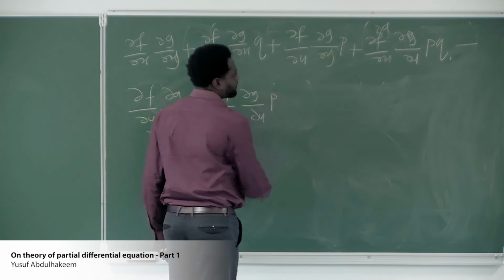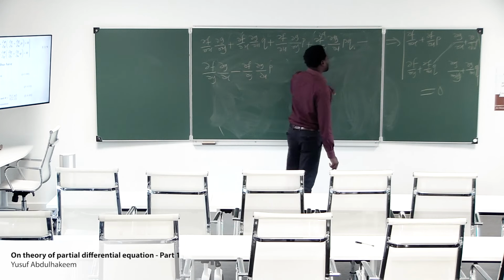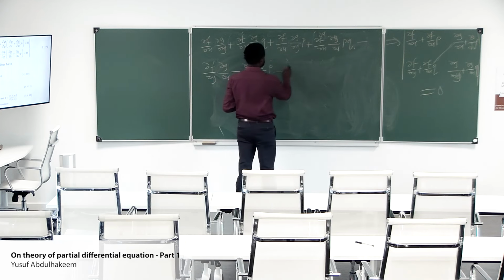Then we have p. Then ∂f/∂u multiplied by what we have there also, that will give us minus ∂f/∂u multiplied by ∂g/∂x, minus, then we have q, then multiplied by ∂f/∂u multiplied by ∂g/∂x, then ∂f/∂y multiplied by ∂g/∂u.